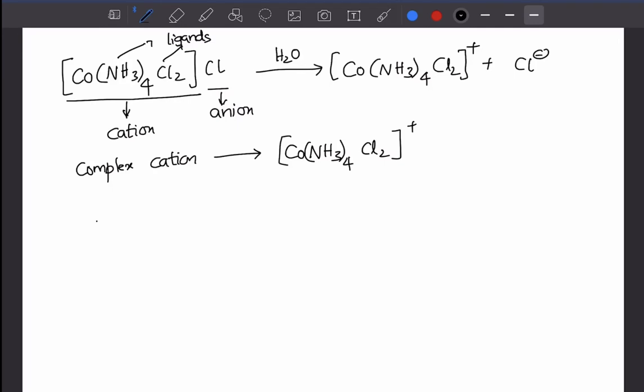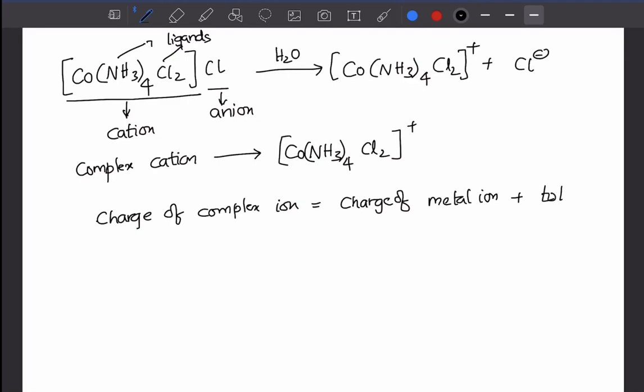Now use the same formula, which is the charge of the complex ion is the sum of the charge of the metal ion plus the total charge of the ligands.